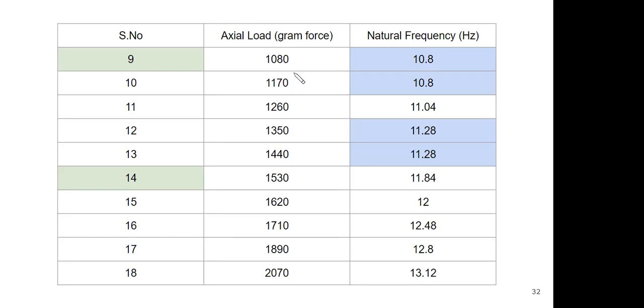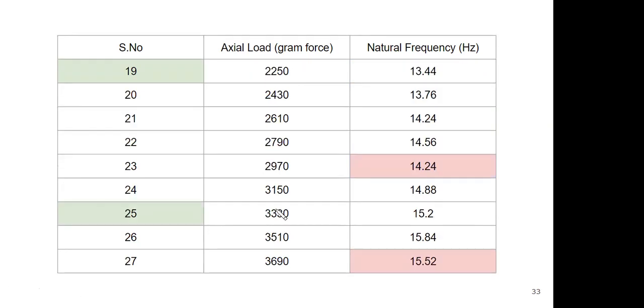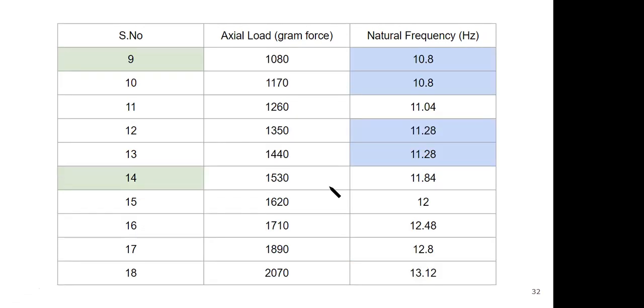Maybe 90 grams was not enough to completely overcome the friction. So from this point onwards, I have started increasing the load by 180 grams at a time, from the 16th experiment onwards. From that point onwards, frequencies were not the same. Duplicate frequencies did not occur.